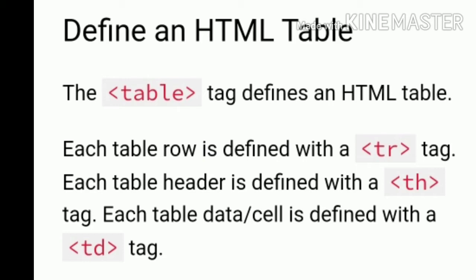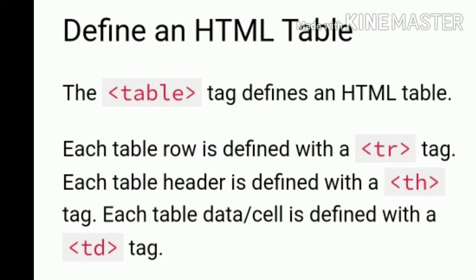You can also give tables a background. You can set a table background using one of the following two ways. With the bgcolor attribute, you can set a background color for the whole table or just for one cell.